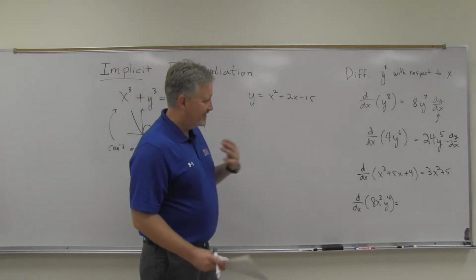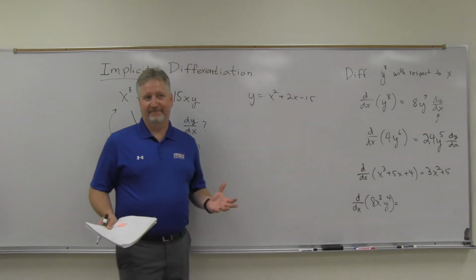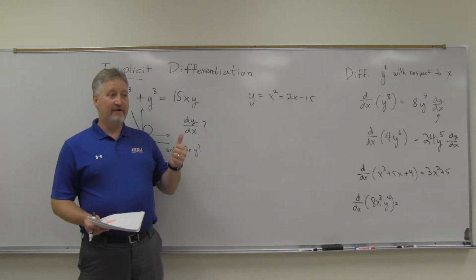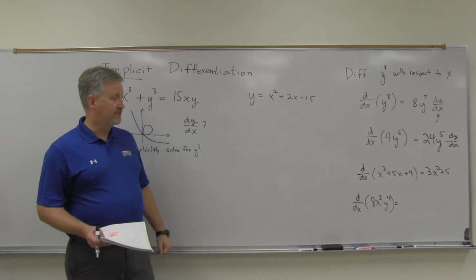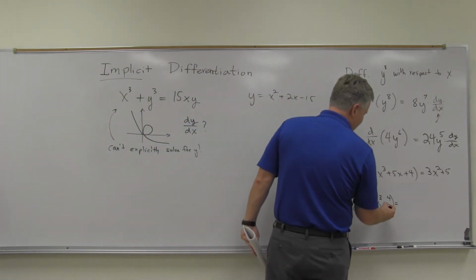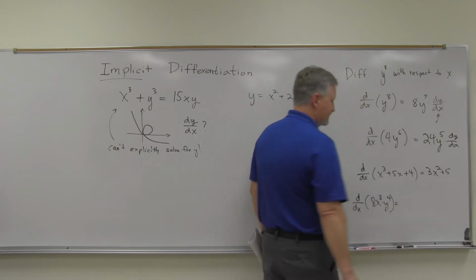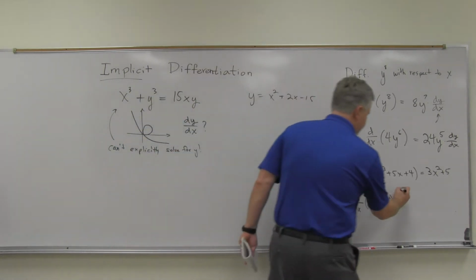Well, same rules apply as we've always had. We got product rule, chain rule, power rule, quotient rule, just to name a few there. I've got a product rule there, don't I? Product rule.